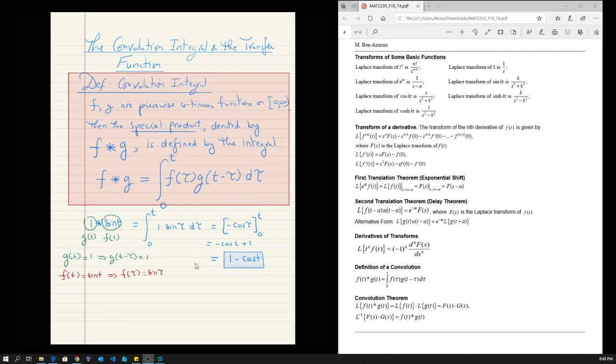Okay, so what do you notice? Immediately I notice that when I convolute two functions of time, I get a function of time. When I take f of t convoluted with g of t, I expect a function of t to come out. That's not surprising when you look at the integral, because the integral is in terms of tau, but then you plug in t and you plug in 0 for the tau, so you expect the result to be a function of t.